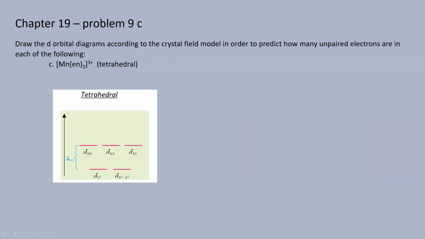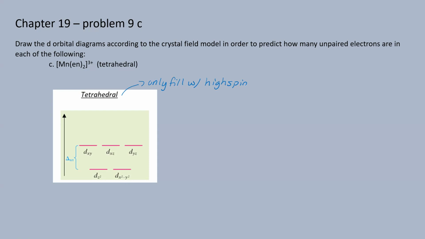The thing about tetrahedral, though, is the delta is always small, no matter what. For all of the ligands, even though some are bigger than others, none of them are big enough to change how it fills. So tetrahedral can only fill with a high spin. Regardless of the ligands, it's always high spin.